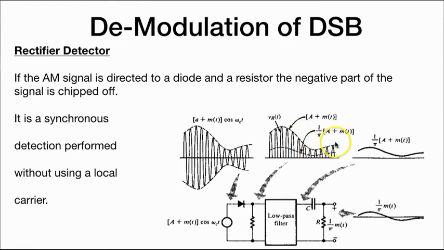These variations in the signal, when passed through a low pass filter, retrieve the baseband signal of low frequency, and on passing it through C and R, it further smooths the amplitude and gets you the actual message signal that was originally your message.